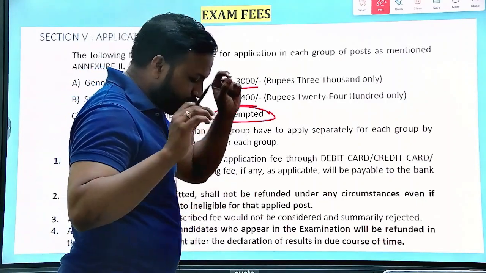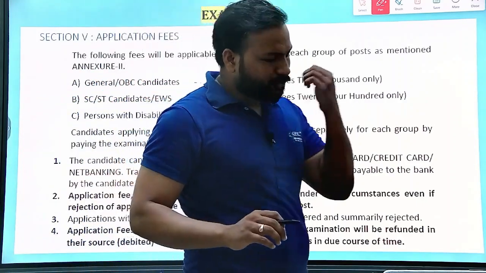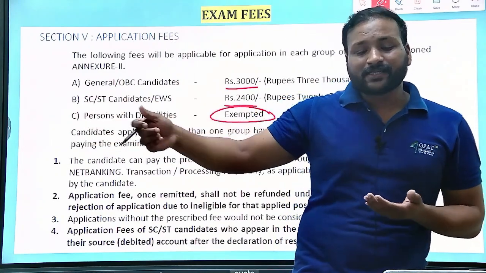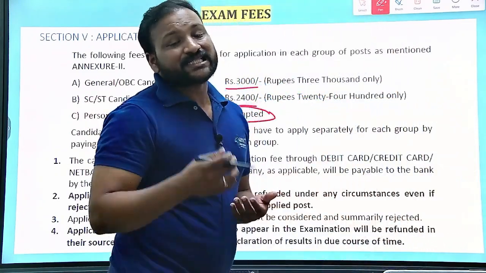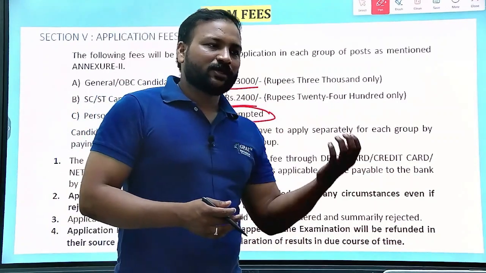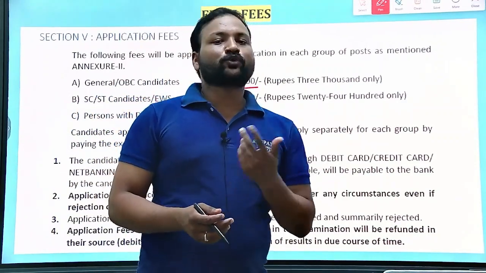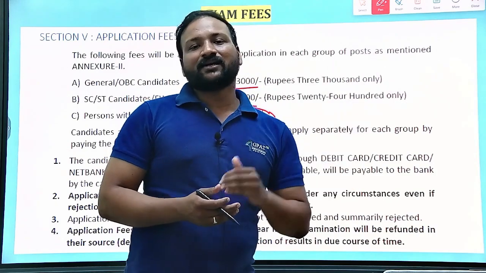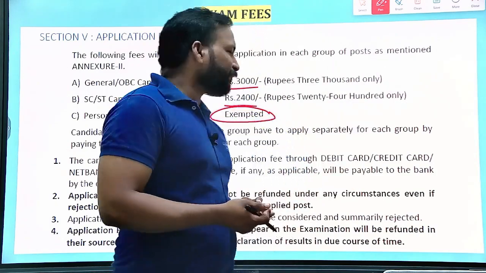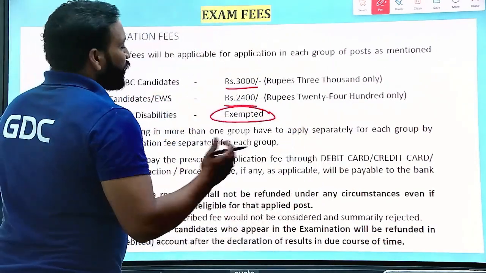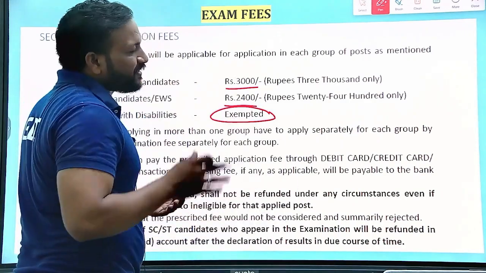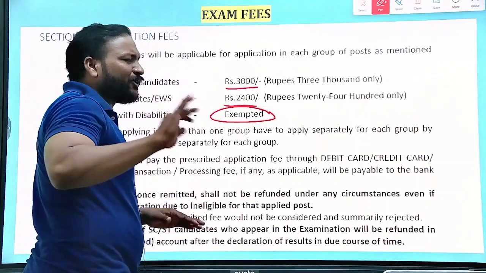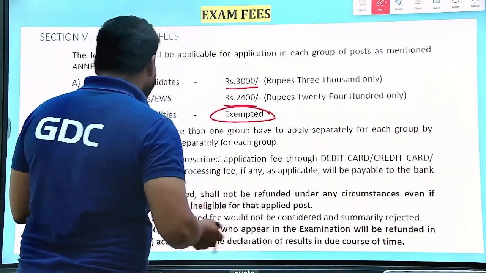If you are applying for more than one group, for example both Telangana and Rajasthan, or for AIIMS as well as ESIC, you should pay the fee separately for each institute and job. The preferable way is online payment through debit card, credit card or net banking.